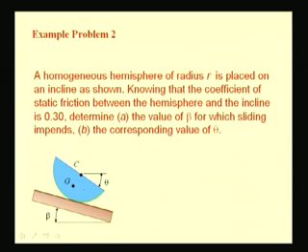The coefficient of friction is given, the radius of the sphere is given. We are interested in the condition when this hemisphere starts to slide or impends to slide, what are the corresponding angles, that is beta and theta.